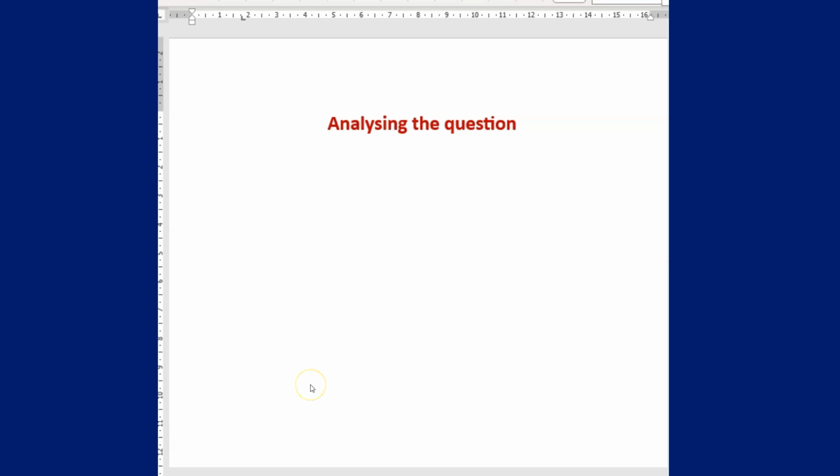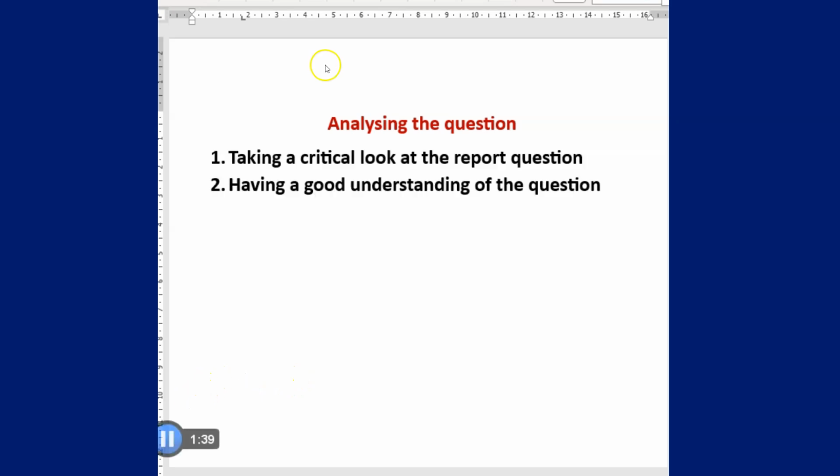All right. So let's first look at why it's important for you to analyze. So one of the most important steps that students mostly undermine before writing or planning is to first take a critical look at the report before they start to write. So they mostly undermine taking a critical look at the report question to know what exactly to write about, right?